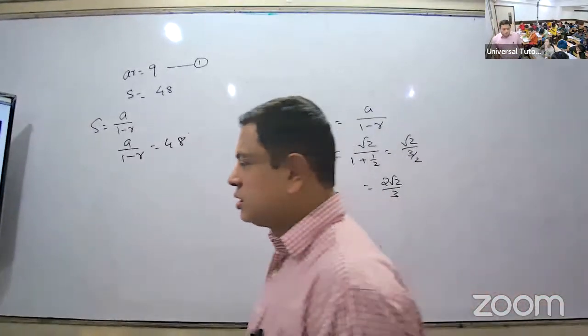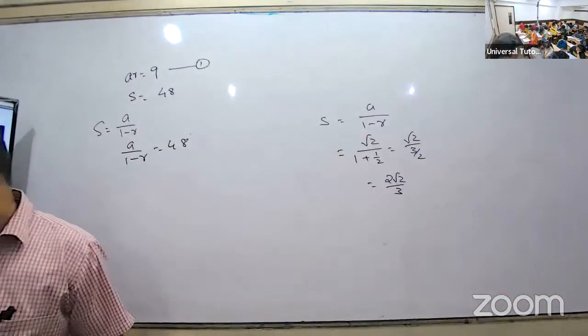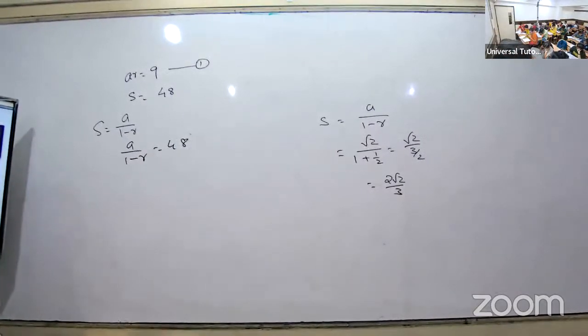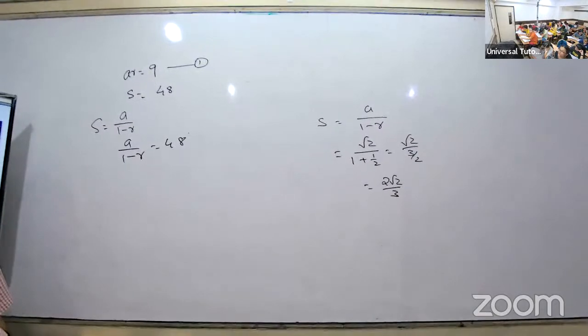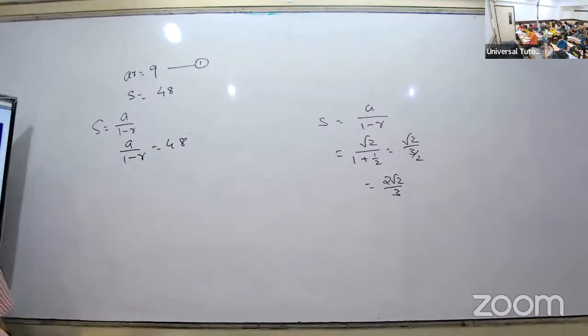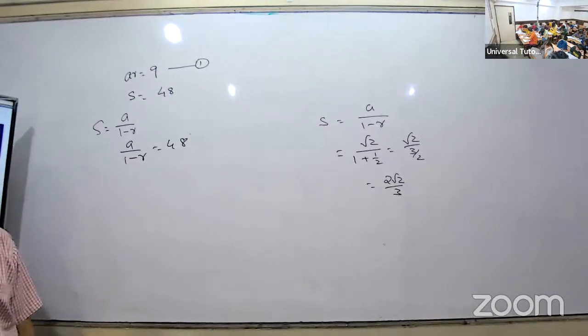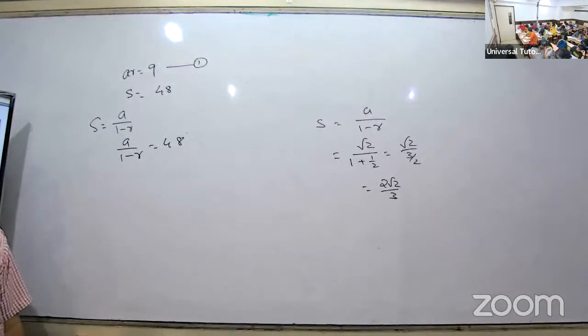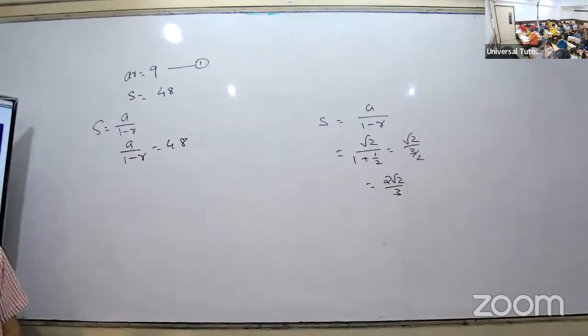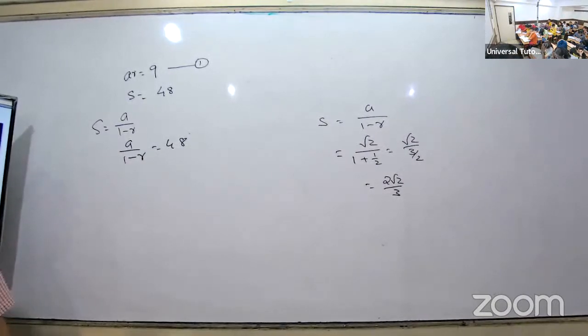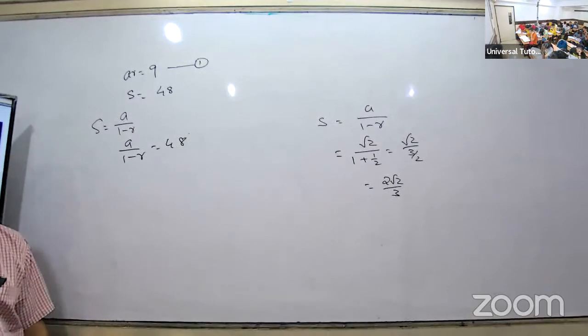Second term is given and sum of infinite terms. Whatever, I need to get the value of A and R. If you want, I'll do it.